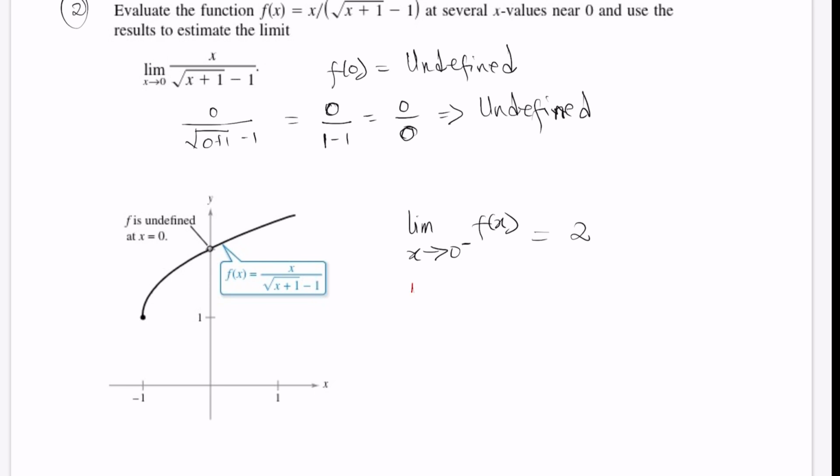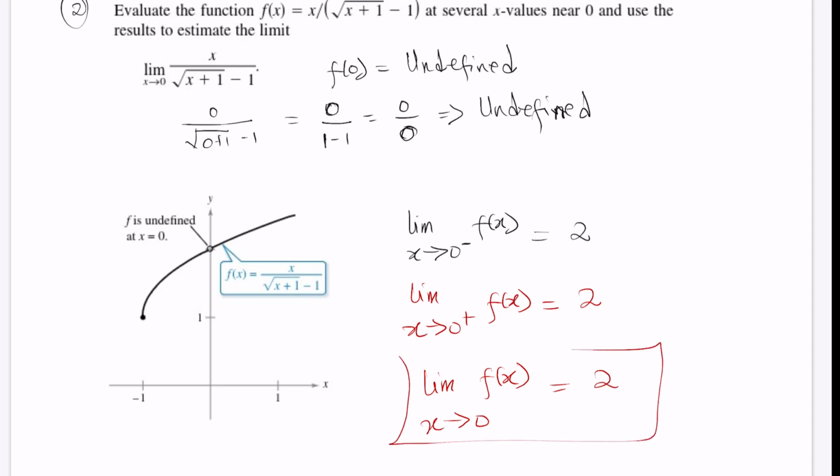And it also tells me that the limit as x approaches 0 from the right of f(x) is equal to 2. Therefore, the limit of f(x) as x approaches 0 is equal to 2 from the graphical approach. As I approach 0 from the left, the value I get is 2. As I approach 0 from the right, the value I get is 2.